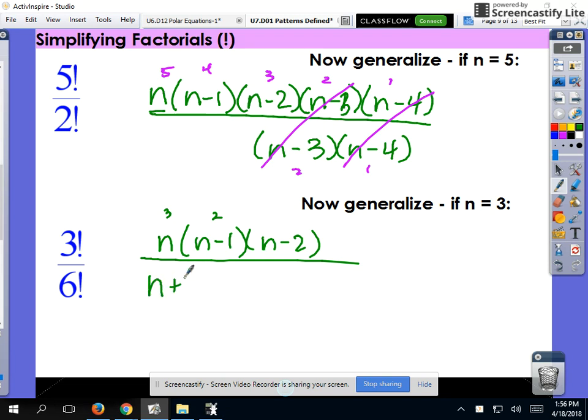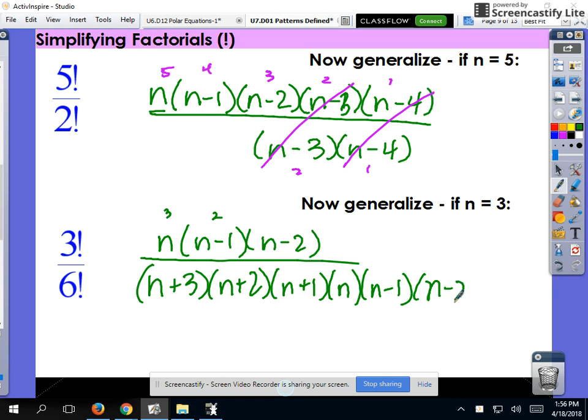That would be adding 3, adding 2, adding 1, just n plus 3, n plus 2, n plus 1. So remember, this is 6, 5, 4, 3, 2, 1. And we have 3's cancel, 2's cancel, 1 cancels. Boom, boom, boom. And so we have that as our final answer.